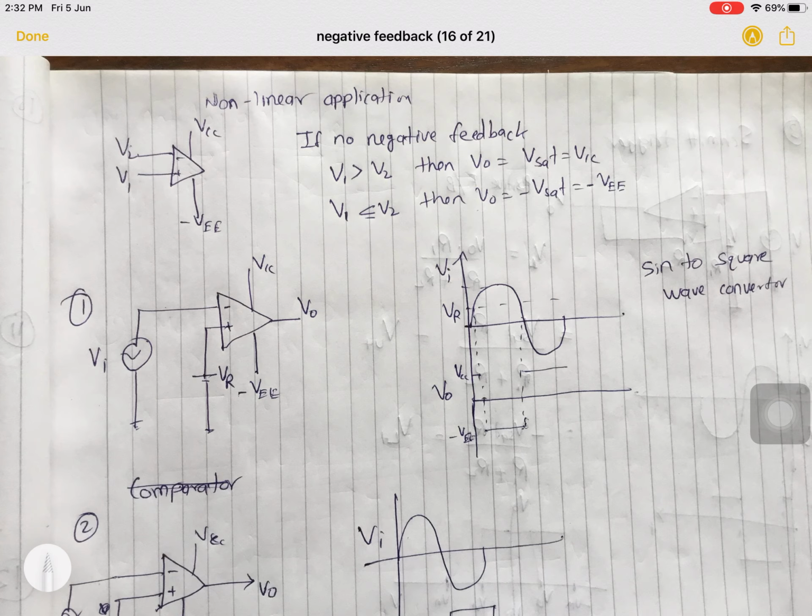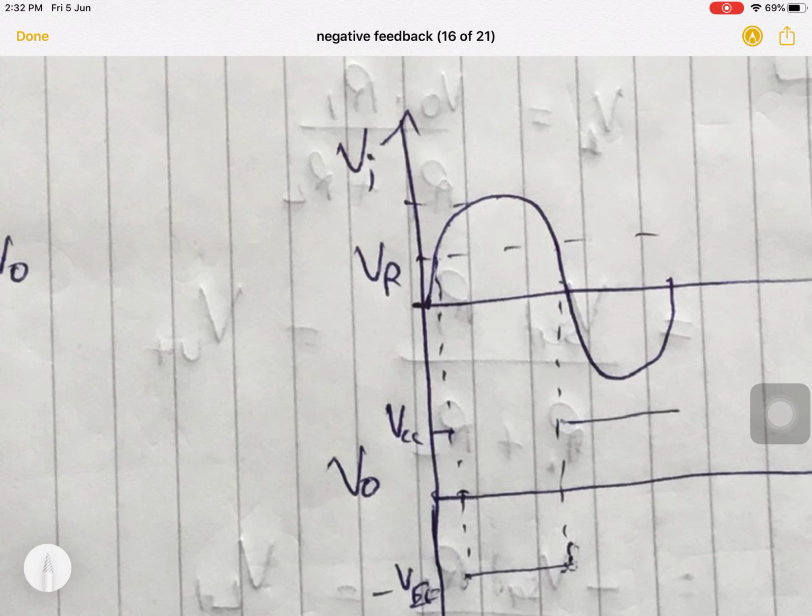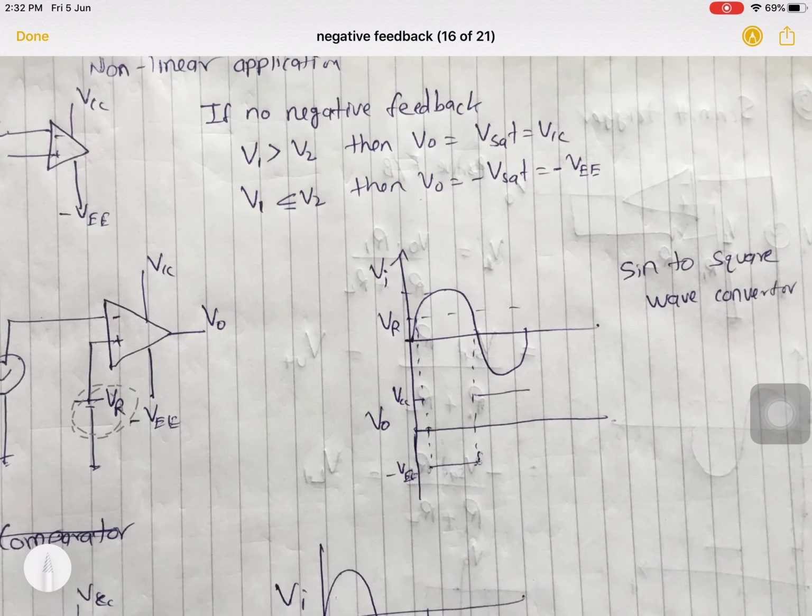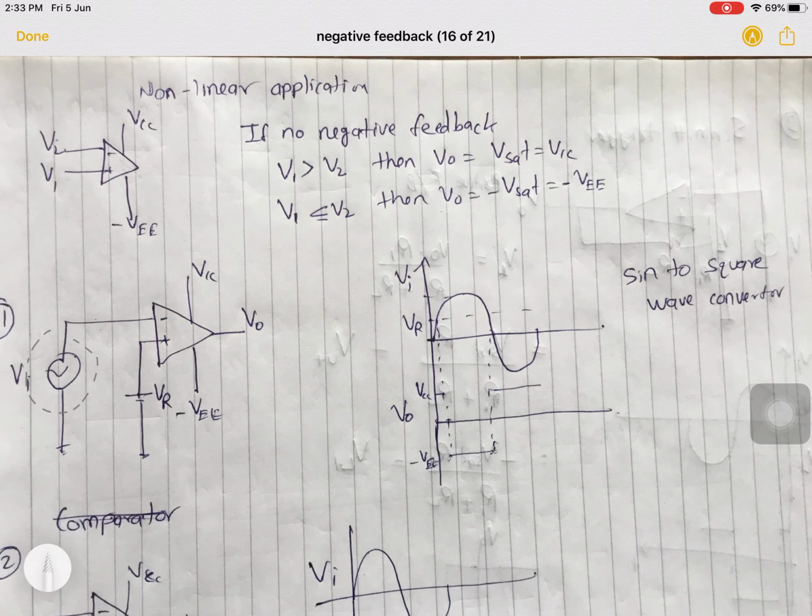As long as VR is greater than VI, in this part, the voltage at the positive terminal is higher, so V0 will be VSAT or plus VCC.